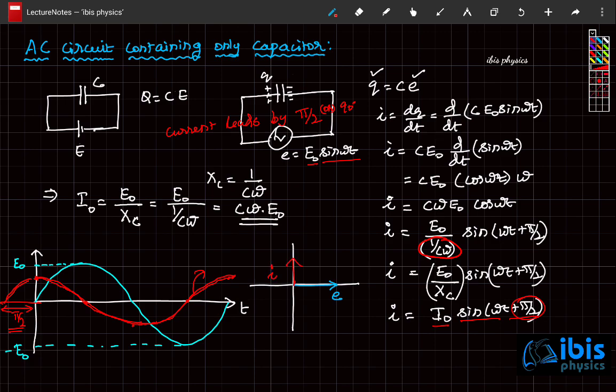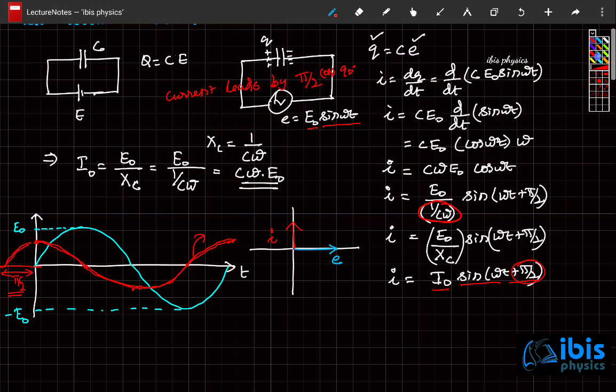Suppose you draw the applied EMF randomly in this direction, which is E, the current should be exactly 90 degrees ahead, here I. This angle is 90 degrees because it is measured anti-clockwise. So if the EMF is here, the current is here, 90 degrees ahead. This E and this I are the instantaneous EMF and instantaneous current, because the current is not constant here, it is changing. That's why it is like this.